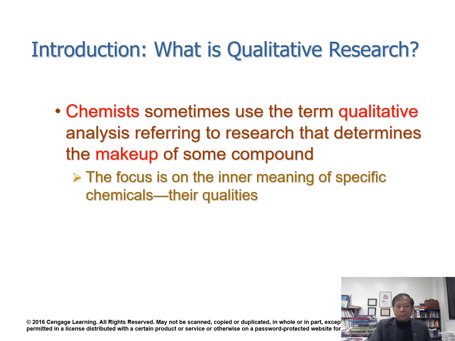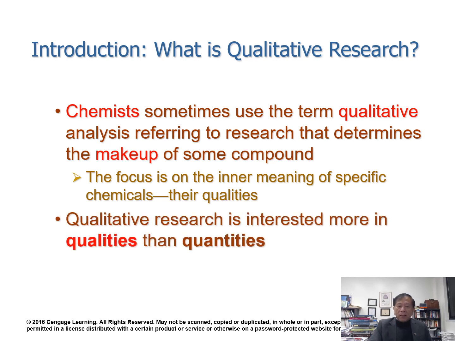Chemists use that, right? The focus is on the inner meaning of specific chemicals, their qualities, and not necessarily the quantities at this stage. Qualitative research is interested more in qualities than quantities.